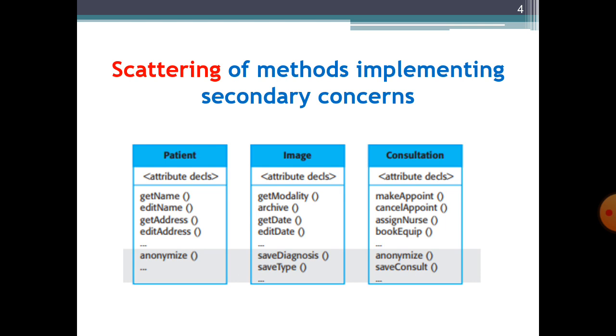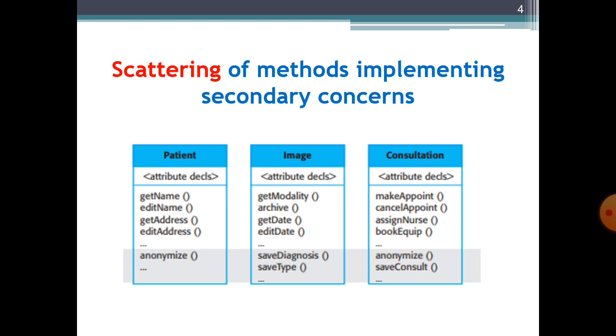So these requirements have to be implemented by adding code that anonymizes the data, to maintain patient privacy. That's why we need a statistical component which processes the statistical data and generates the statistics reports that are required for our patient management system.